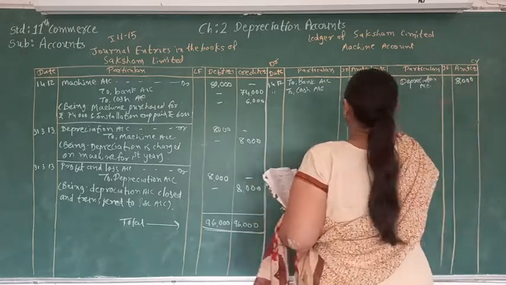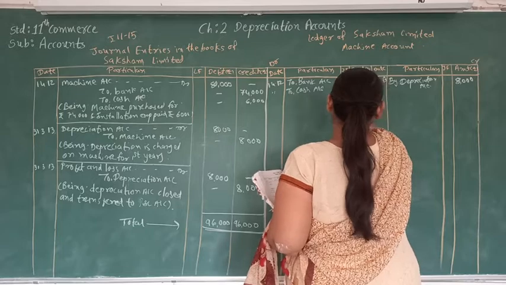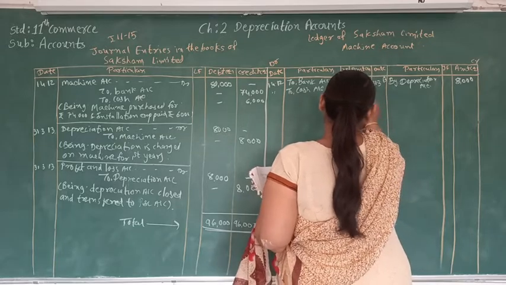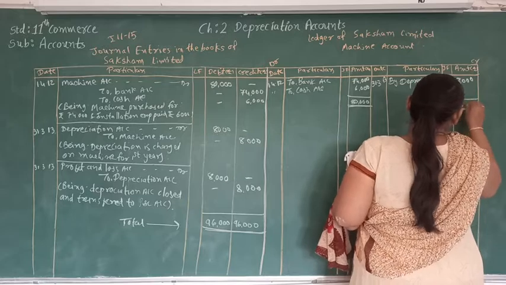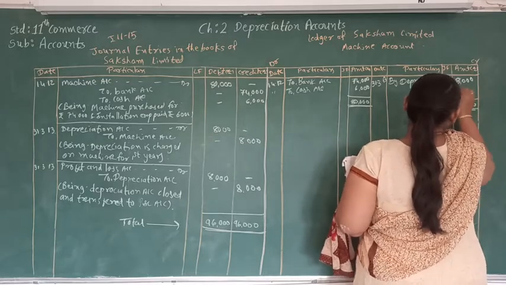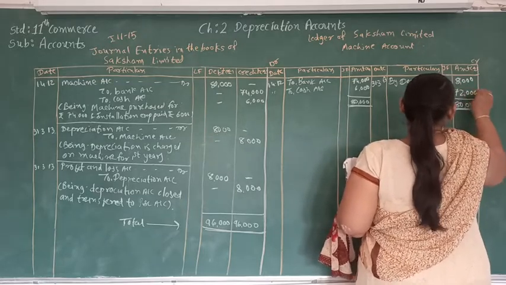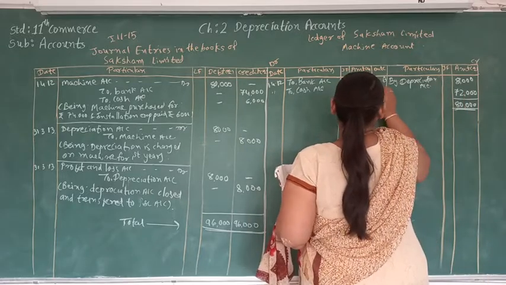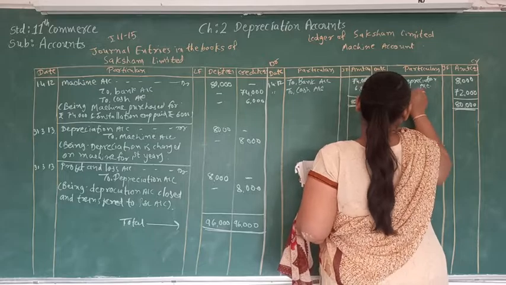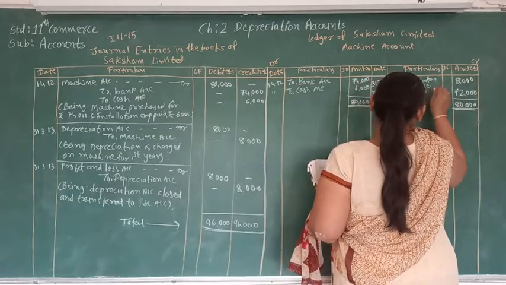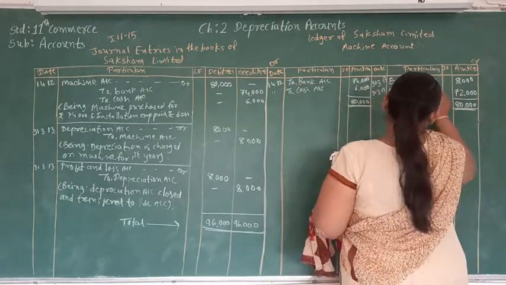Here, to close the machine account for the first year, we are going to find out the balance of the machine account. That will be 72,000. Here on 31/3/13, by balance carried down.